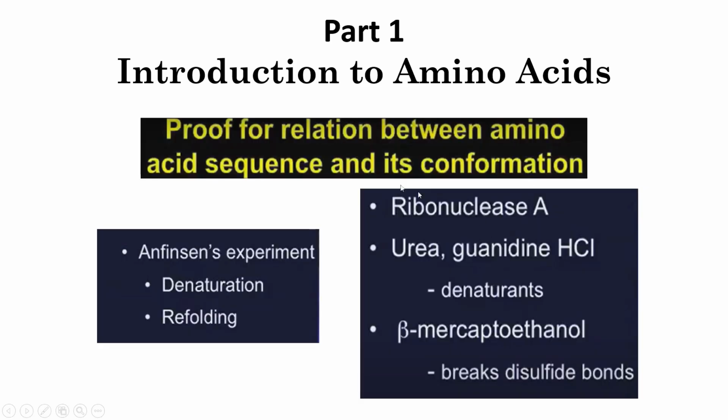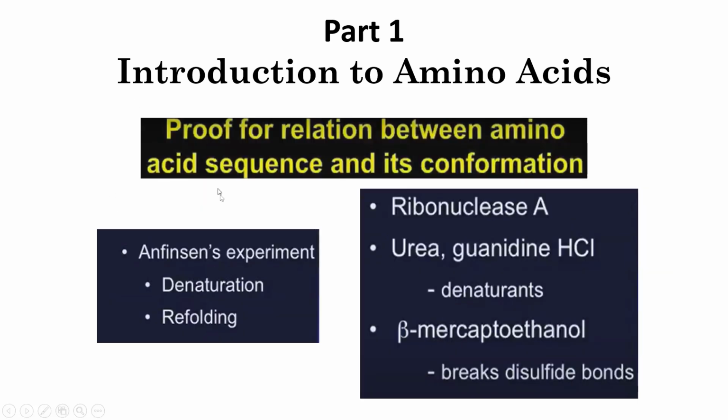And then how can we derive the sequence of an amino acid? Basically, the relation between amino acid sequence and its conformation. Whatever the sequence is, according to the sequence, its secondary and tertiary structure is made.